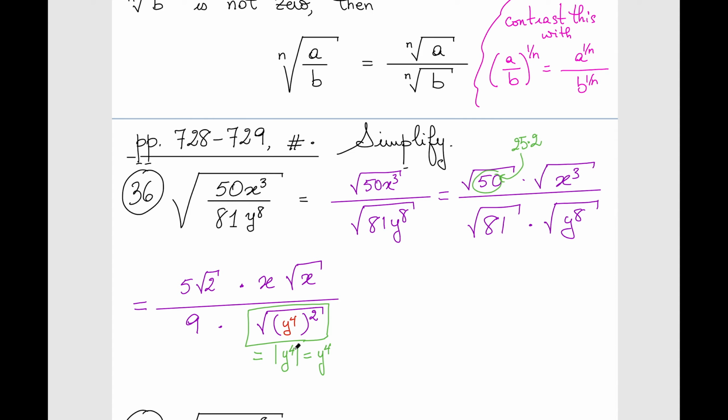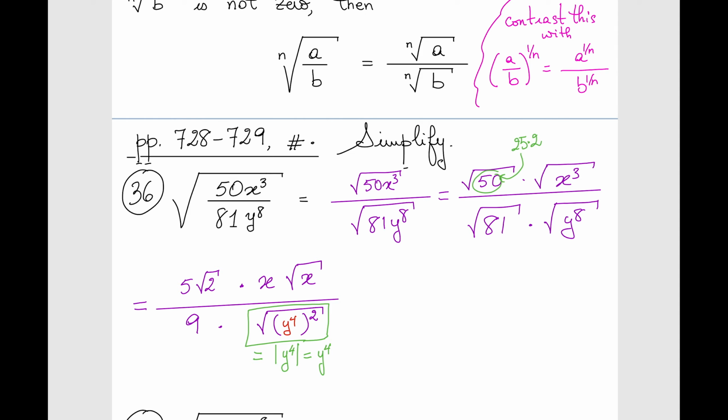Because y to power 4 is a non-negative entity. In this case, y cannot be 0 because I'm dividing by y. So this guy, y to power 4, is positive. Why? Because no matter what y is, as long as it's not 0, raise it to power 4, it becomes positive. Taking the absolute value of a positive number is the same as retaining that entity. The absolute value function doesn't do anything on positive entities, right?